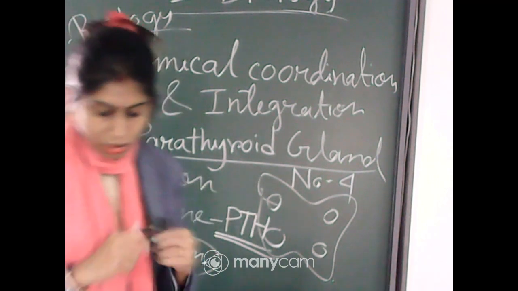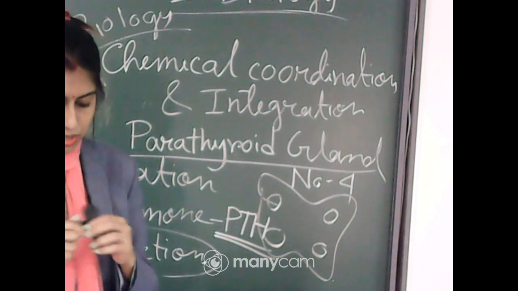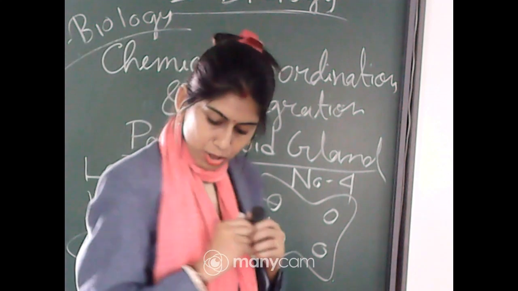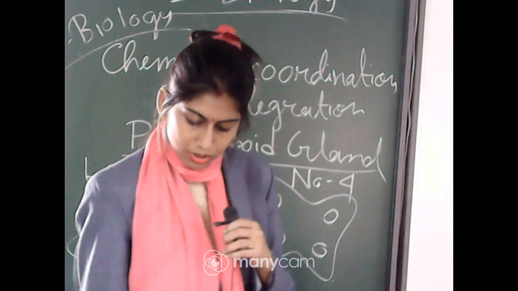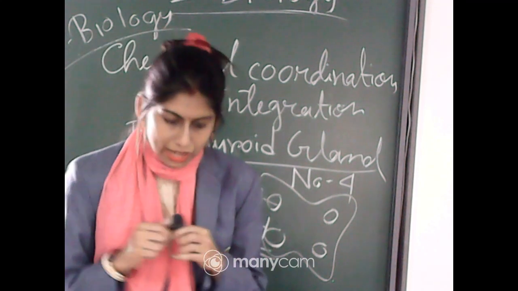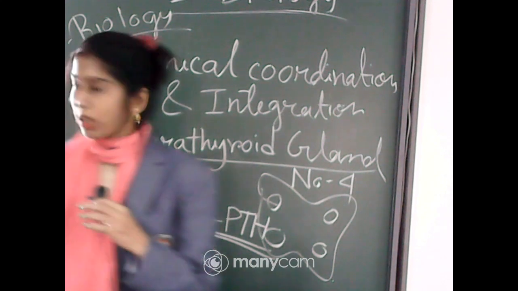This is the meaning of resorption. So two functions are there. The third is that parathyroid hormone stimulates Ca2+ reabsorption by renal tubules and increases Ca2+ absorption from the digested food. So from this it is clear that parathyroid hormone or PTH is a hypercalcemic hormone.